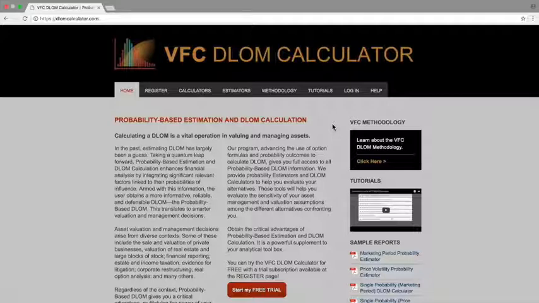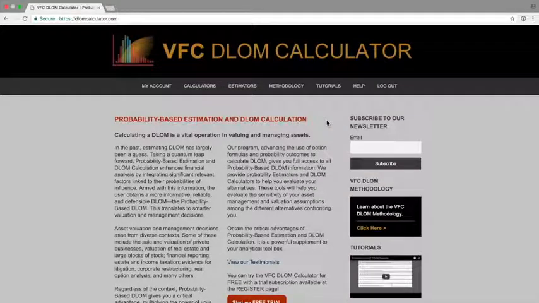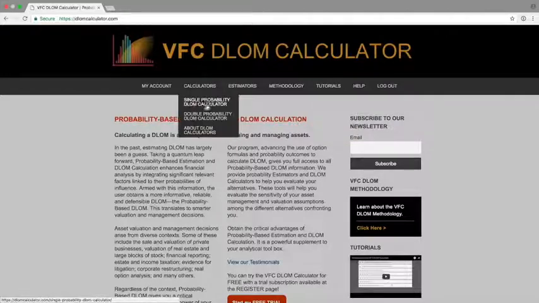DLOMs calculated with the VFC methodology should be considered systematic. That is, they apply to a business or other asset based on its general economic characteristics. Specific company considerations that cause a particular business or asset to deviate from general characteristics should be added to or subtracted from the systematic DLOM calculated with this methodology.